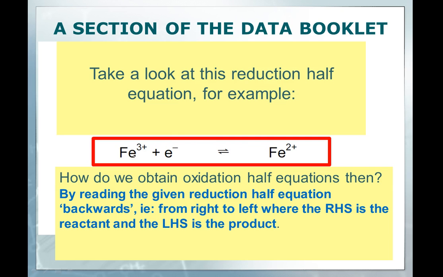So you just need to flip the equation around. In the reduction half equation, iron 3 plus is the reagent, iron 2 plus is the product. But in an oxidation half equation, iron 2 plus is the reagent and iron 3 plus is the product.